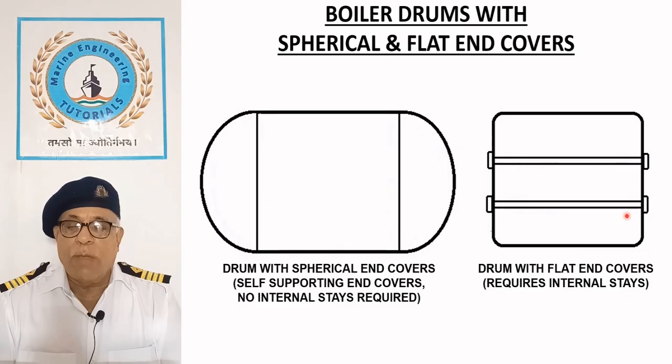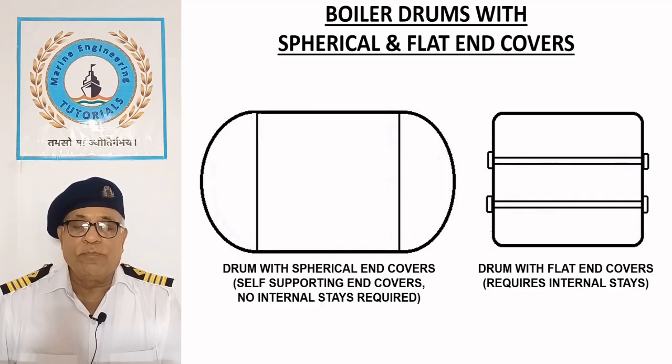This support may be provided by solid stays, stay tubes, or plate girders. The figure shows an end plate supported by solid bars welded with washers. Low pressure boilers used on motor vessels are usually of the tank type with a vertical layout. The bottom end may be flat, but the top of the drum is usually dome shaped.